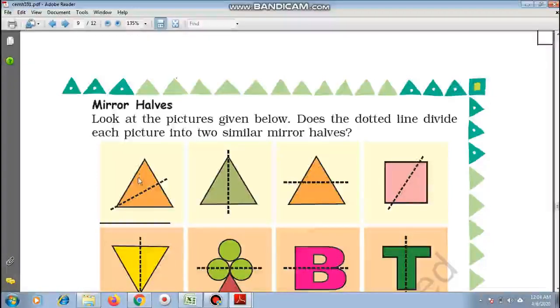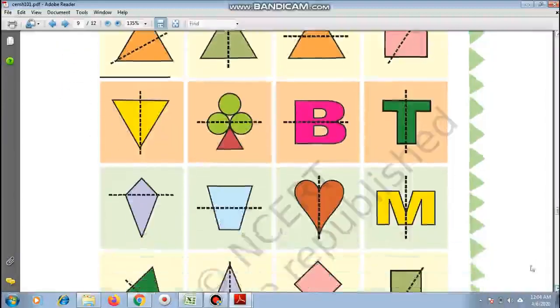Can we see that this and this will be the same when we draw a dotted line from the center? What about this one? This is the same as this. And if like this, I draw the horizontal line, I can fold it and check that it is not the same. Like this, no, it is not the same.